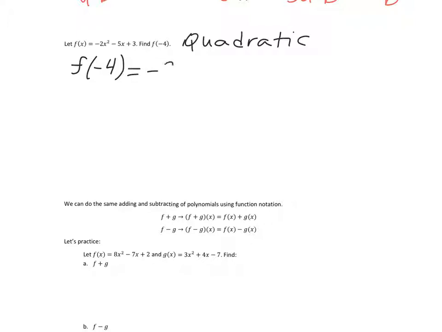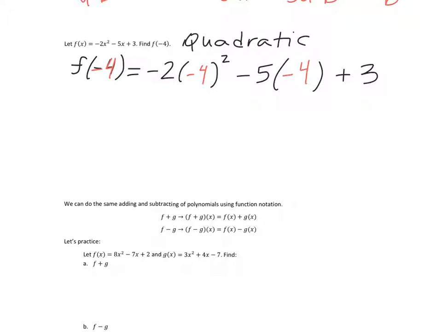So sometimes when I'm working with negative numbers, I'll just do parentheses first wherever I see an x, and then I'll come back and I'll fill in the input. All right, in this case, our input is negative 4. So negative 2x squared becomes negative 2 times negative 4 squared. Negative 5x becomes negative 5 times negative 4, and then plus 3.